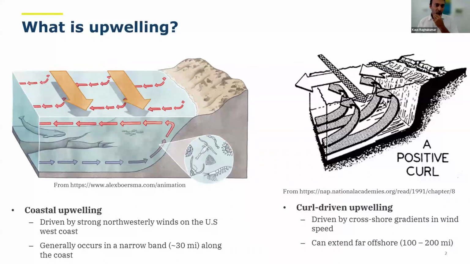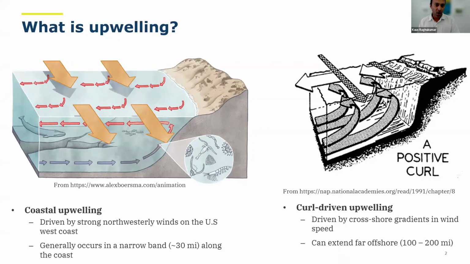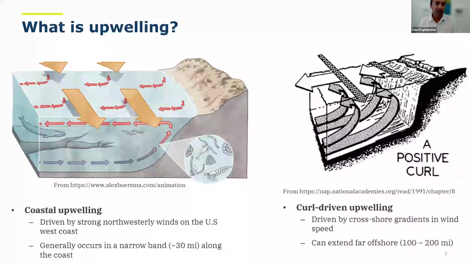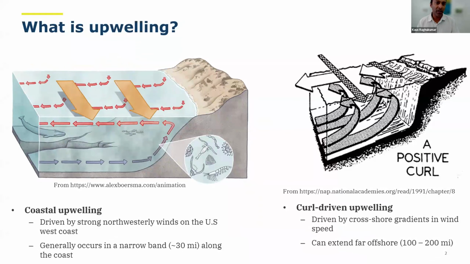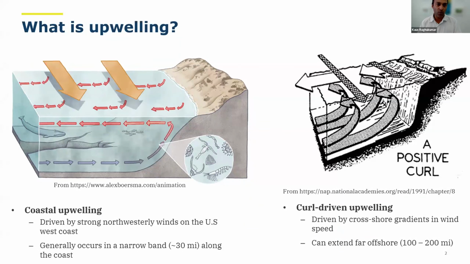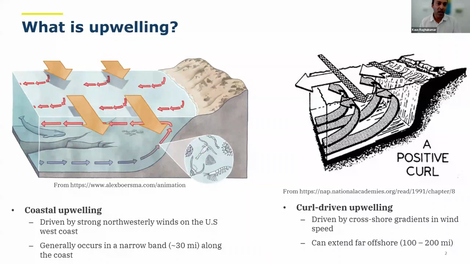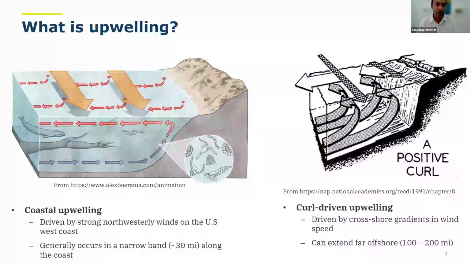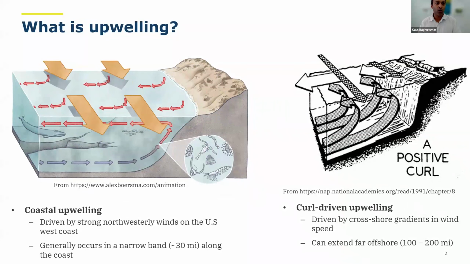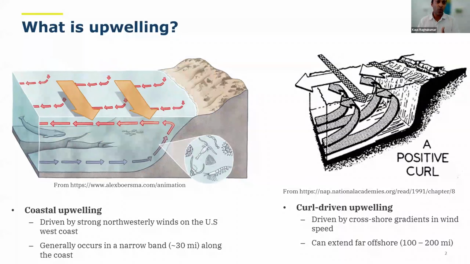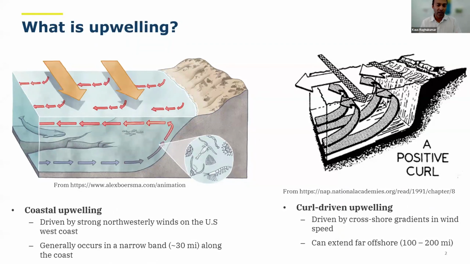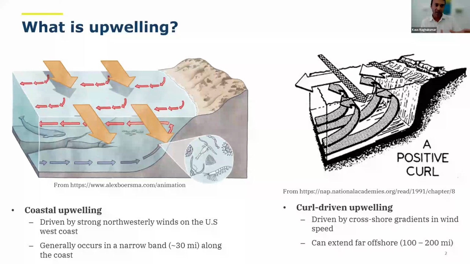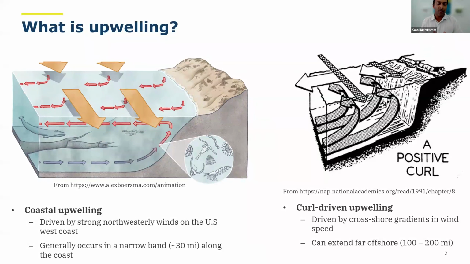In coastal upwelling, you have sustained alongshore winds, say along the west coast, an eastern boundary current, which is what the U.S. west coast is, as it forms the eastern boundary of the Pacific Ocean. Because of the Earth's rotation, surface waters are advected offshore.